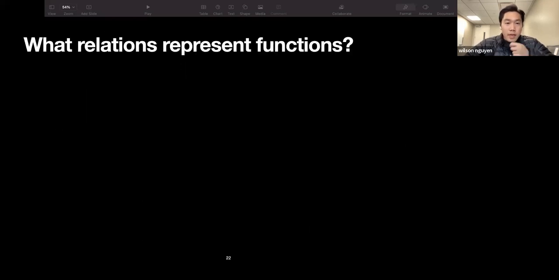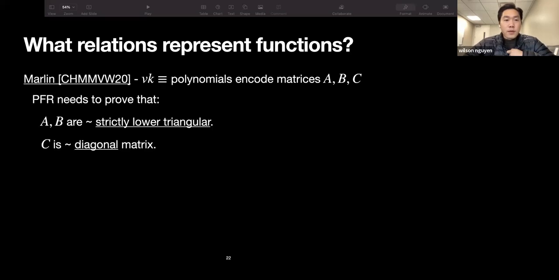So what relations actually represent functions? There is a preprocessing ZK SNARK, Marlin, in which you can think of the verifying key as polynomials which encode matrices A, B, and C. The proof of function relation needs to prove that A and B are roughly strictly lower triangular, and that C is a diagonal matrix.